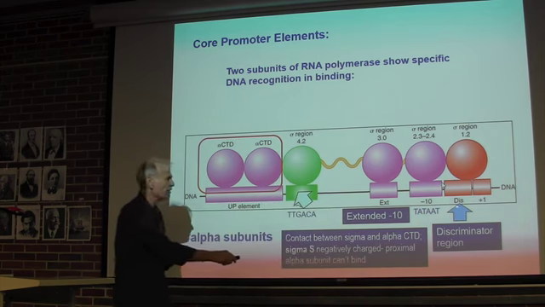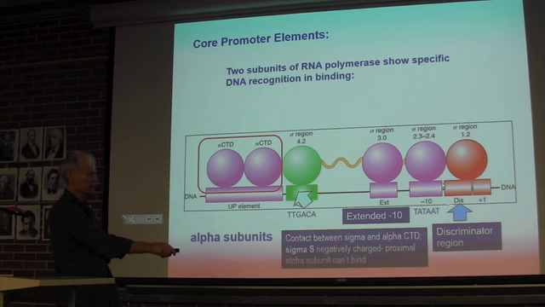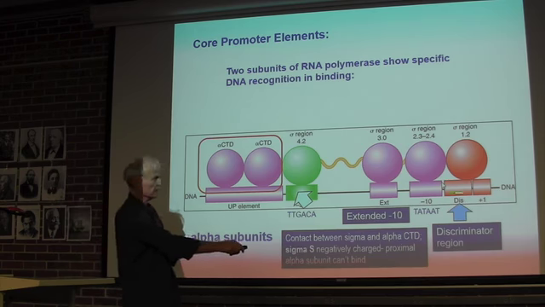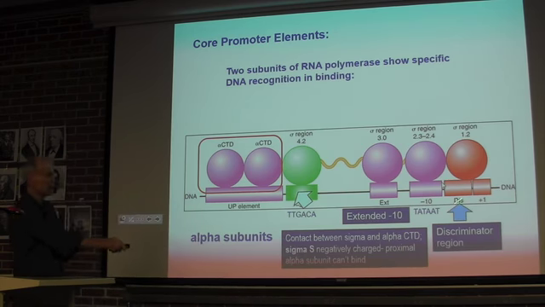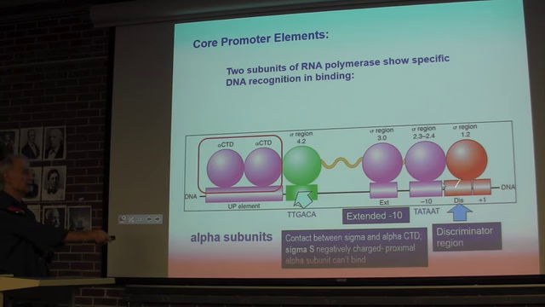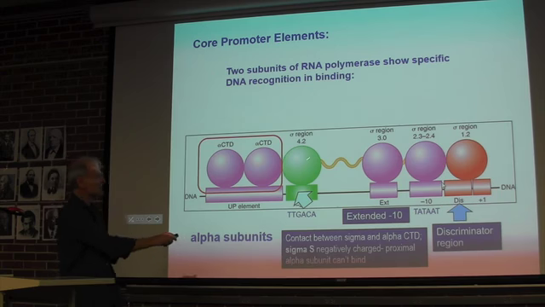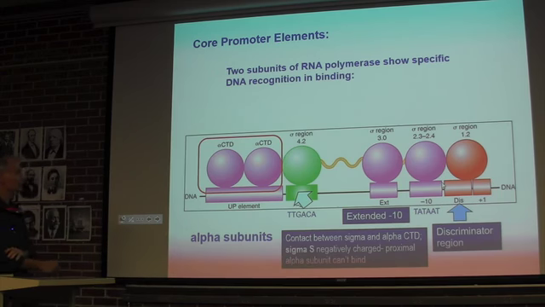Some promoters have an additional recognition element called the discriminator that makes contact with sigma, and it's between the minus 10 and the plus 1. It's kind of an obscure element, but it's very real. Makes contact with region 1.2. The minus 10 and minus 35 are the predominant interactions.